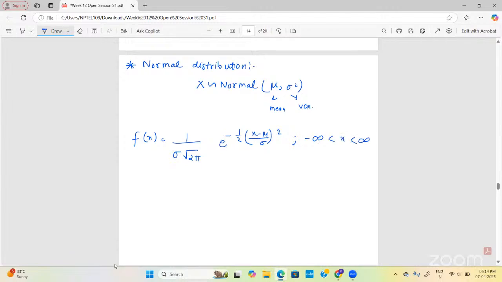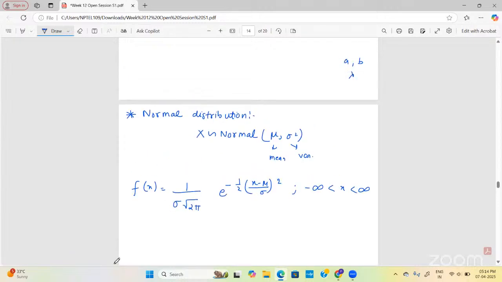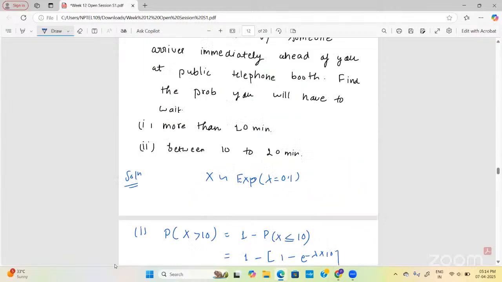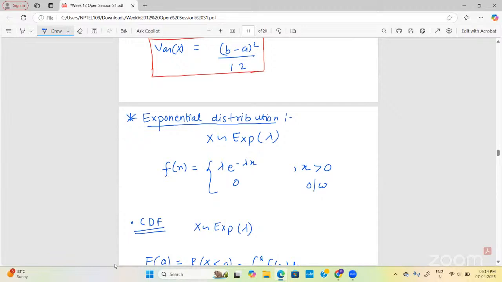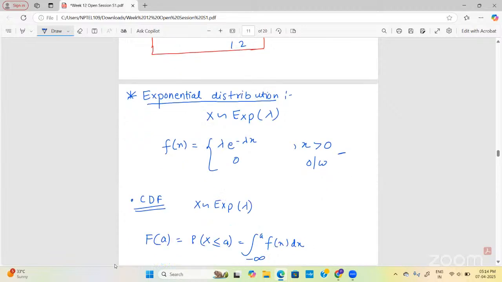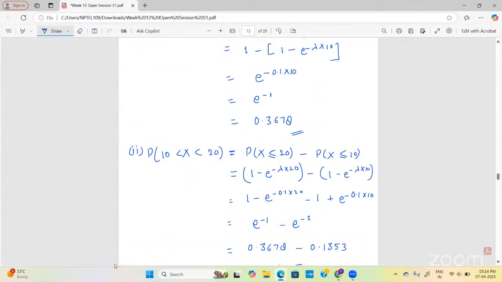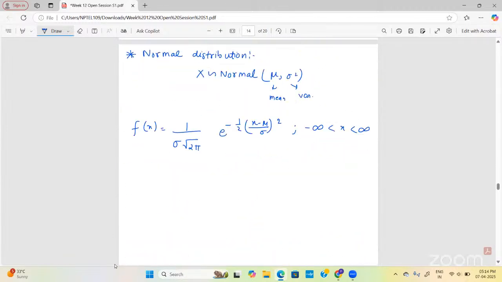So basically x is defined for all kinds of values. It can be negative, it can be positive as well. But for exponential distribution, x was positive only. You can see x was greater than 0. So exponential distribution is defined for positive values of x, but for normal distribution, x can take both positive and negative values.